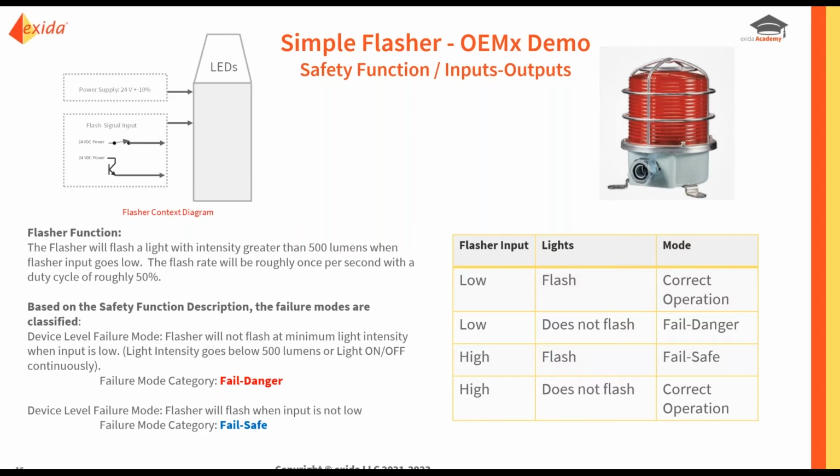Fail safe, fail danger. So what do we have so far as our inputs? The flasher function has been given to us. We have a functional description of the system, and failure modes, and they gave us this nice little table of correct operation versus fail safe and fail danger. Good inputs.